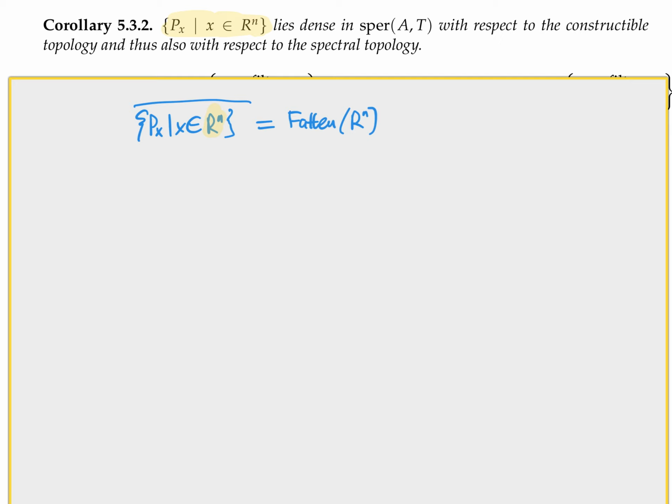And since the fattening is an isomorphism of Boolean algebras, this is of course the real spectrum of AT. So that means this lies dense. Okay, fine. So that's undoubtedly another close relationship between R^n and this real spectrum.